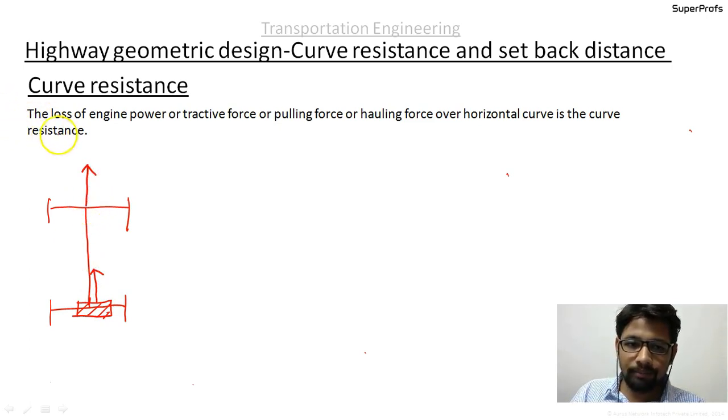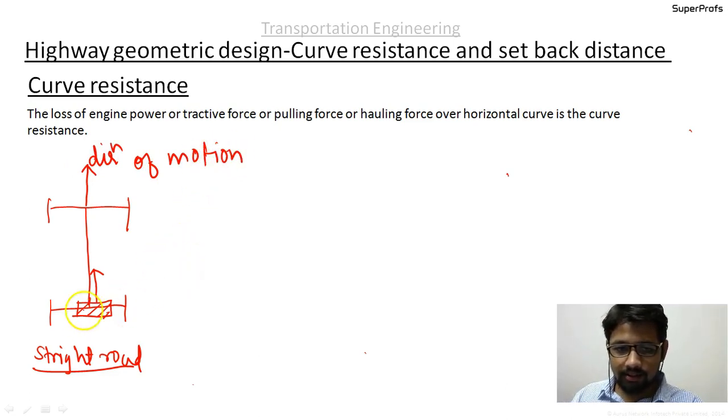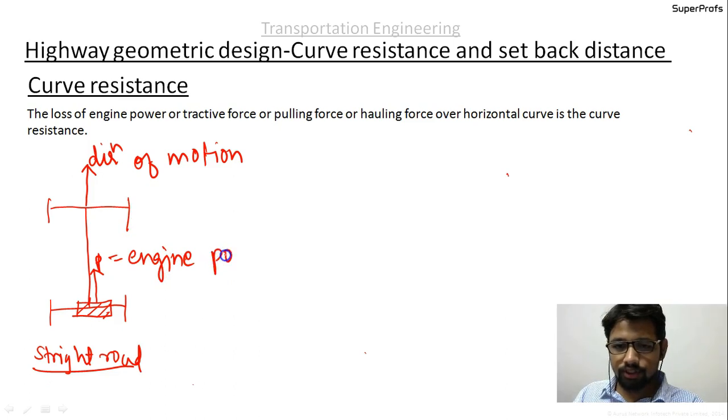Here I'll write, straight road. This is the direction of motion, and this is P, the direction of engine power.